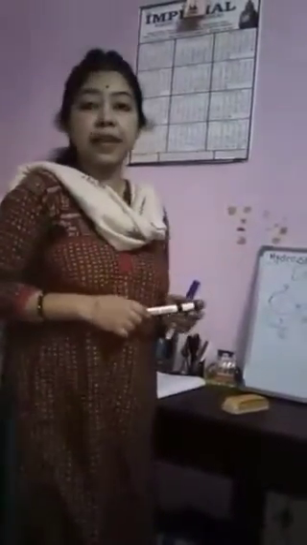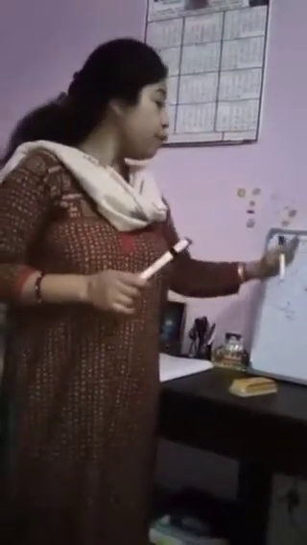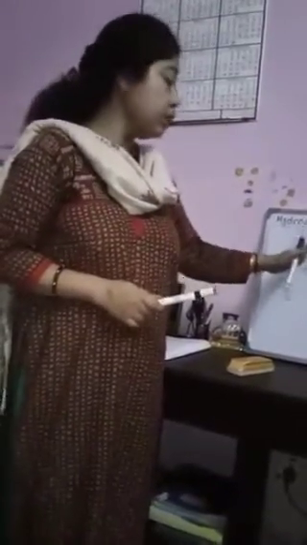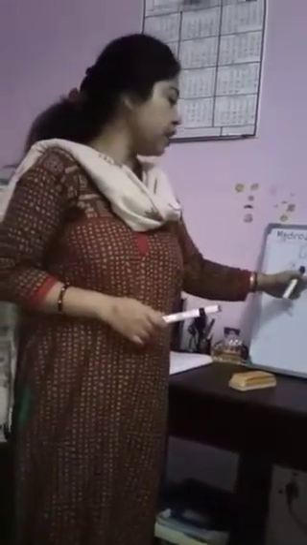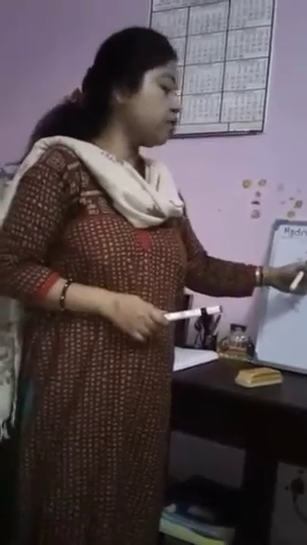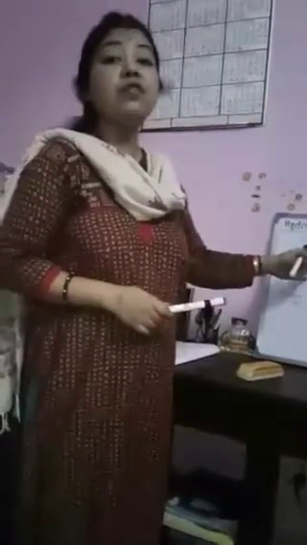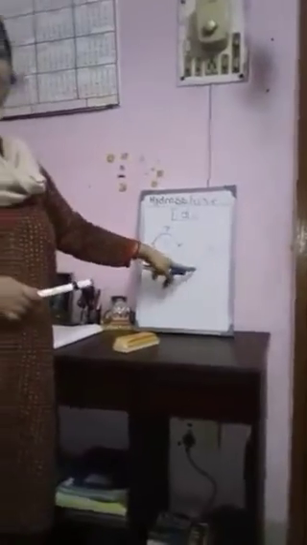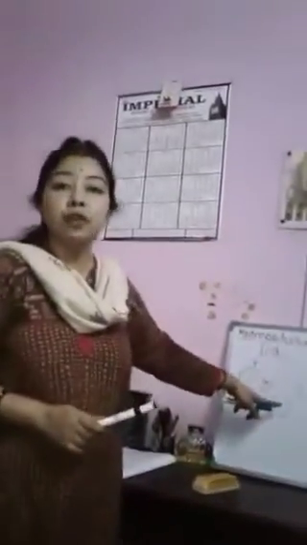Now, next part is the primary high tide and secondary high tide. The point which directly experiences the gravitational attraction of the moon has its water level increase more, and it is called the primary high tide, where the highest high tide forms.